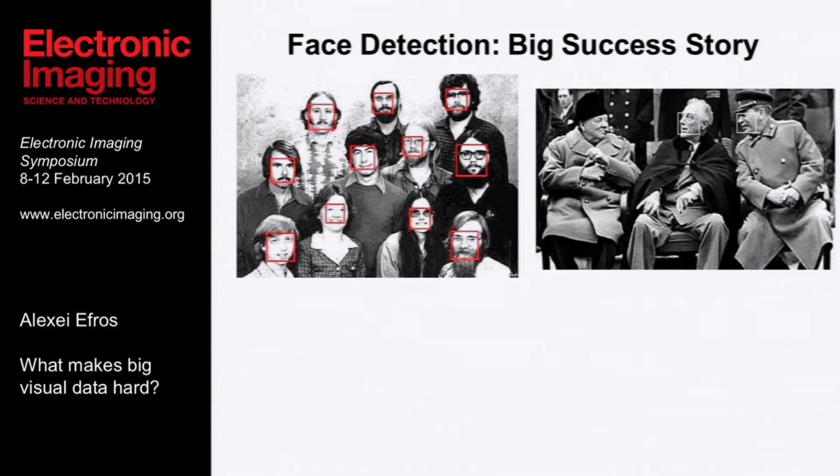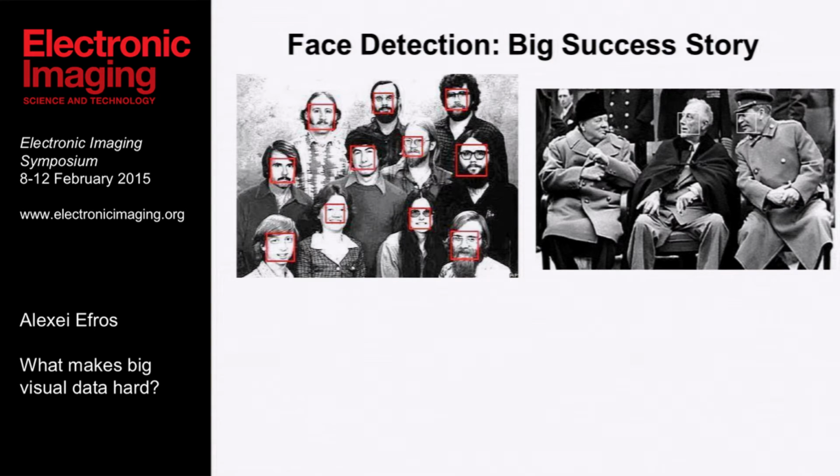And if we step back and look at the past successes, what's one of the biggest early successes of object recognition and computer vision? It's, of course, face detection, right? Everybody probably knows Viola and Jones. How many people know Viola Jones? Okay, so most people know Viola Jones.